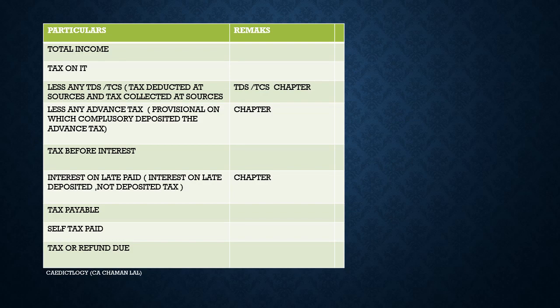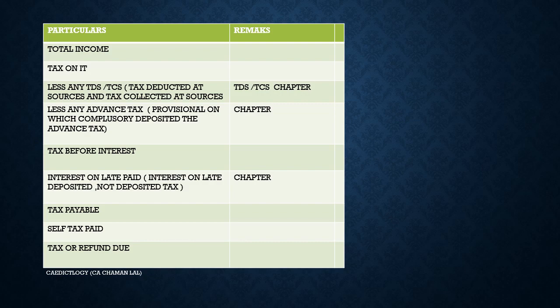After finding the total income, now comes the tax on it. Tax is calculated according to the income tax rates provided year to year. After calculating the tax on income, less TDS or TCS and less advance tax already paid during the previous year, and also calculate interest if the advance tax was deposited late or not deposited in time.